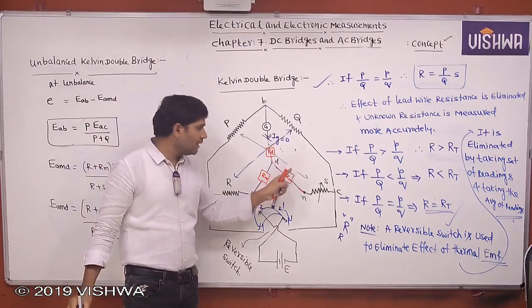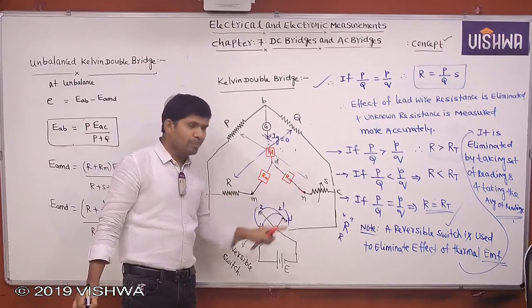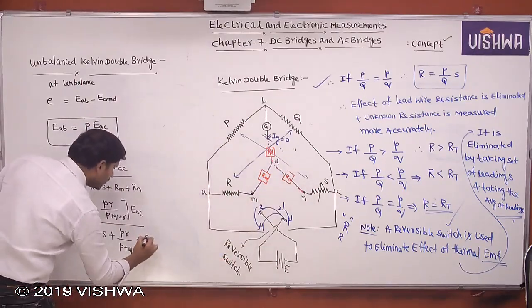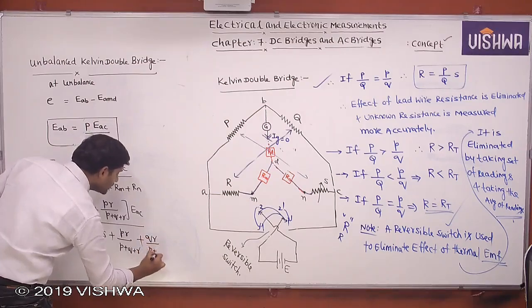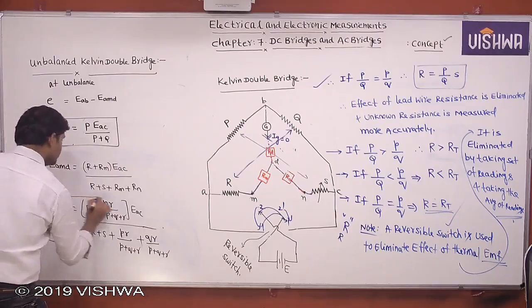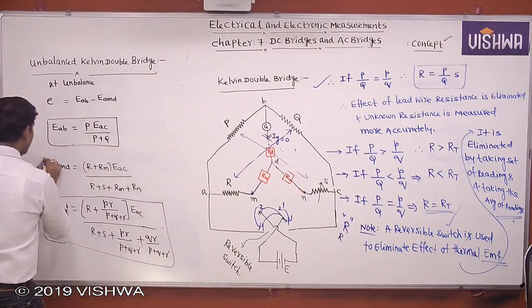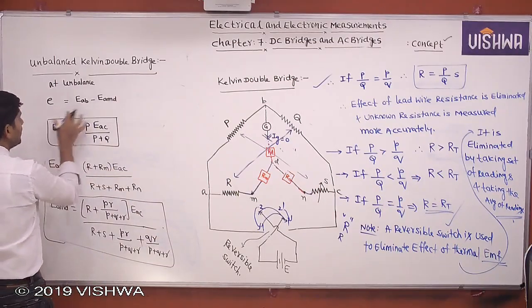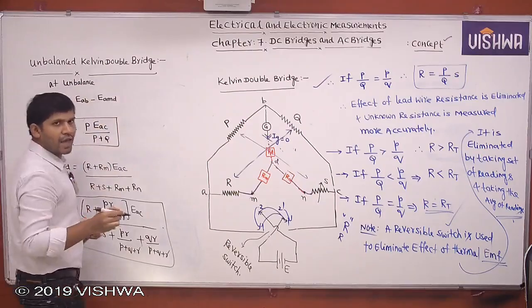RN is QR by P plus Q plus R. Like this we can measure EAMD. This is EAMD and this is EAB. This difference gives the voltage across the galvanometer.